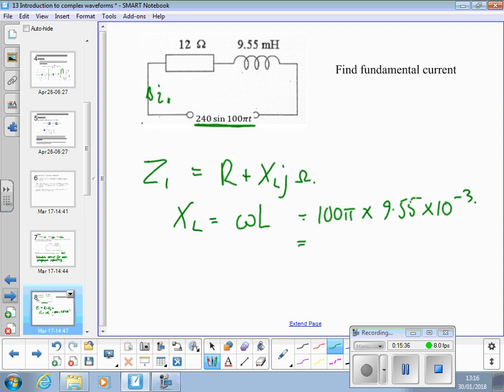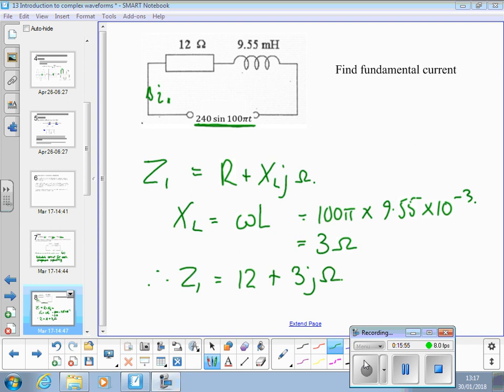Therefore, Z1 is equal to 12, the resistance, plus 3j ohms.